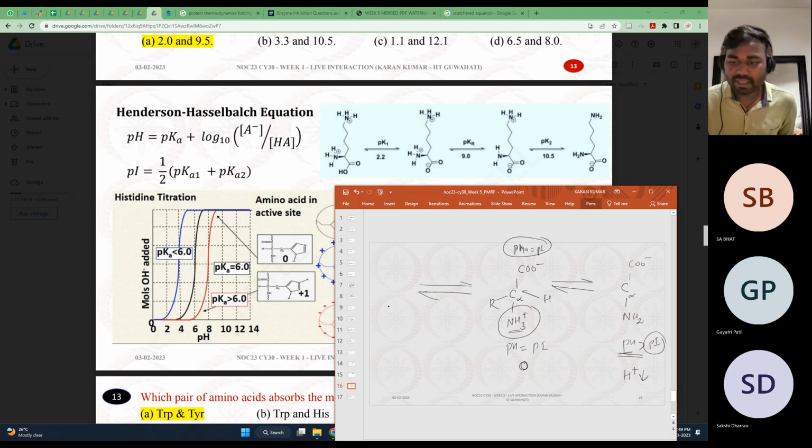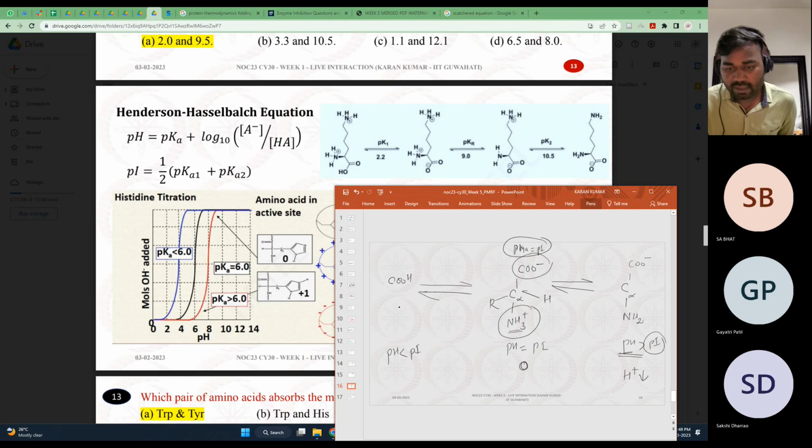And in acidic pH, which means the pH lower than pI, both of these will be protonated.